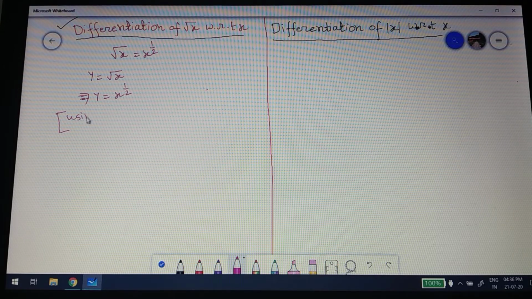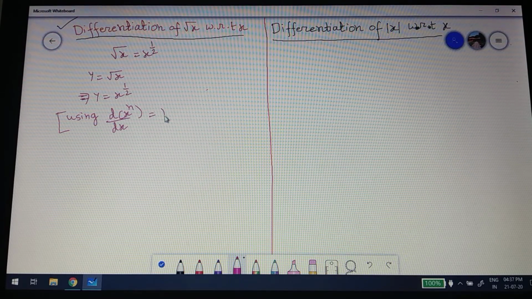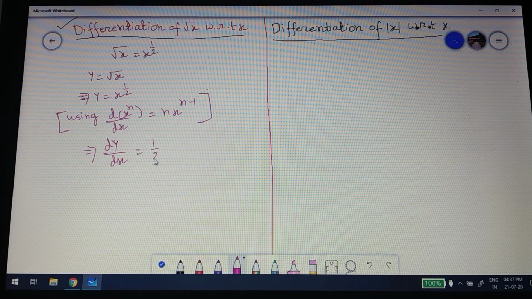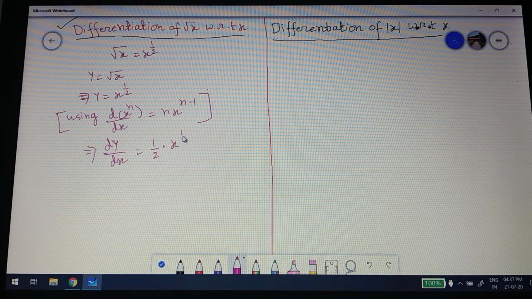So, using differentiation of x to the power n, that is n x to the power n minus 1, here dy by dx is equal to half into x to the power half minus 1. Here n equal to half.